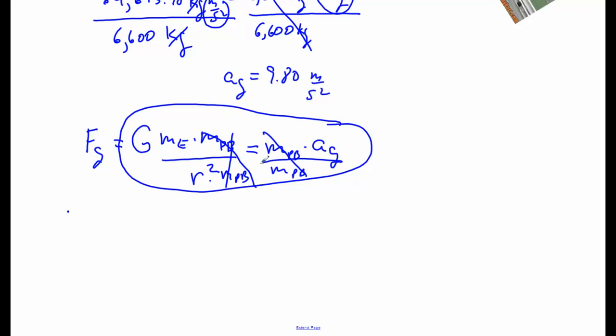But why is it that that's the case? You've got this one force of gravity acting on this 80-kilogram person of 783 newtons, and then you've got a 6,600-kilogram object that's got an enormously different force of gravity, 64,000 newtons acting on it. Why is it that they accelerate the same, besides the math that we just went over?